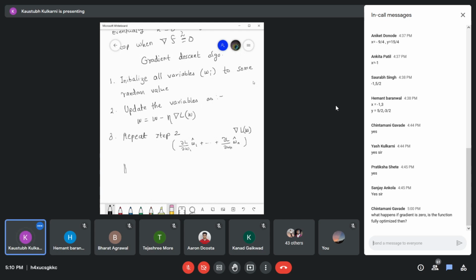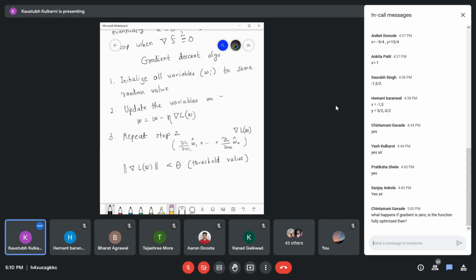So you'll have to calculate the L2 norm of the gradient of L(w), and it is less than a certain threshold value, which you have pre-decided according to the problem statement.